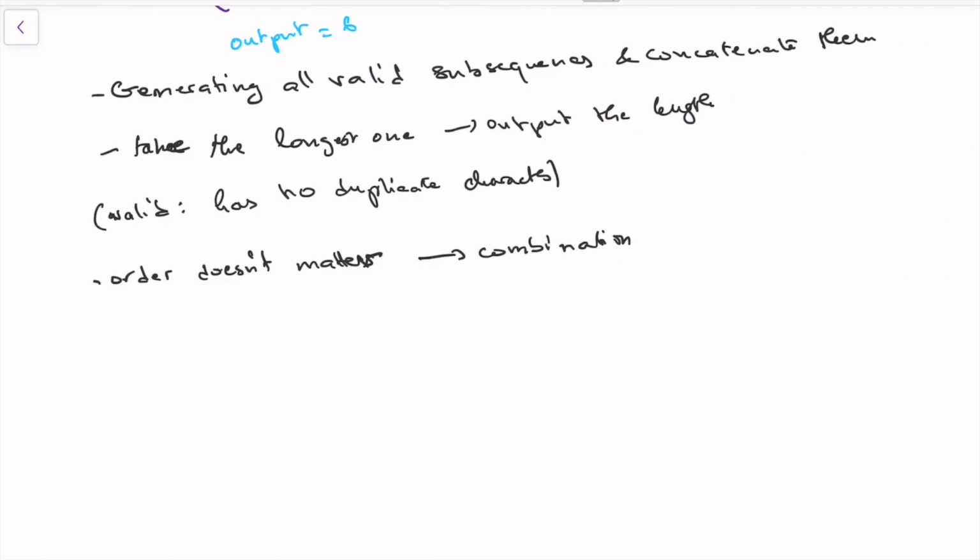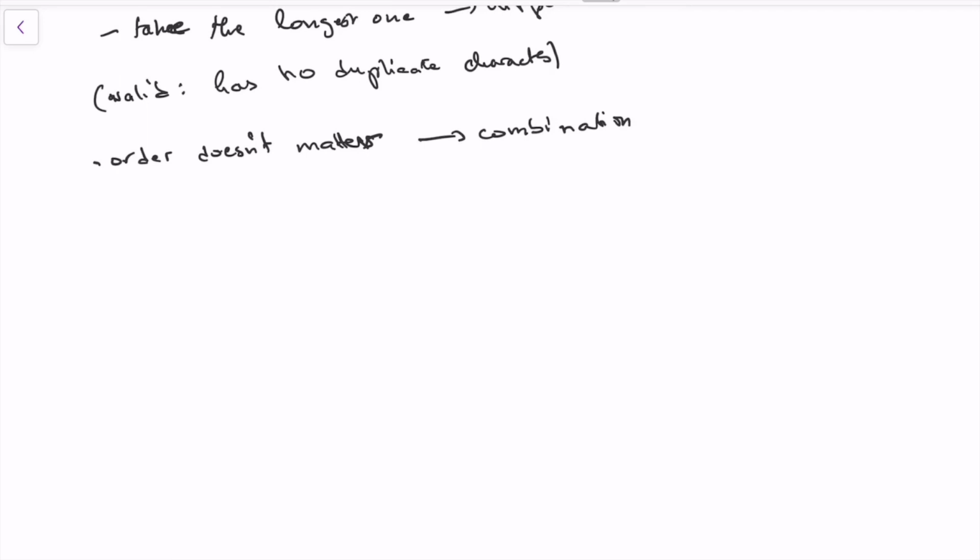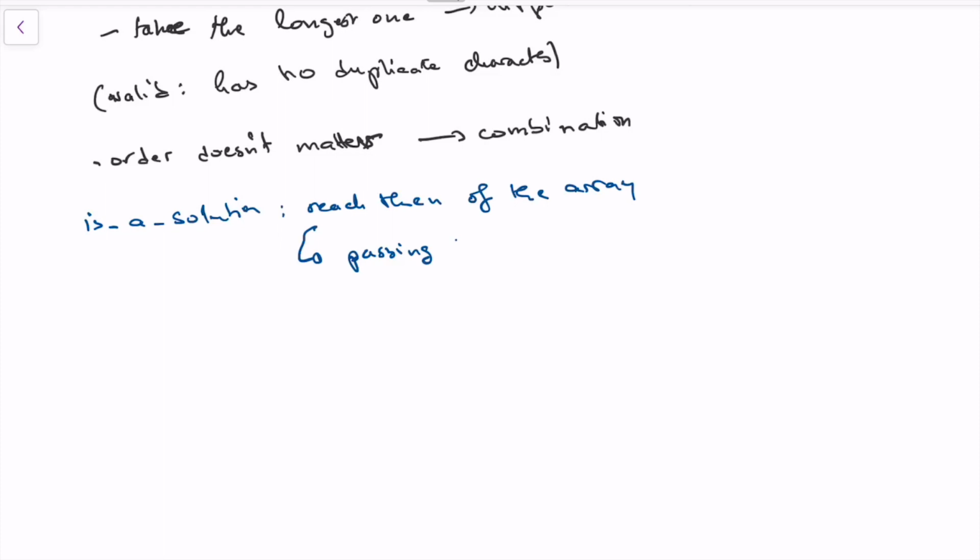So let's see how that would look. So when do we have a solution? What is a solution? Basically, whenever we reach the end of the array, because then we have nothing to use anymore. So how can we represent this? We can represent it by passing the index of the element we are considering.